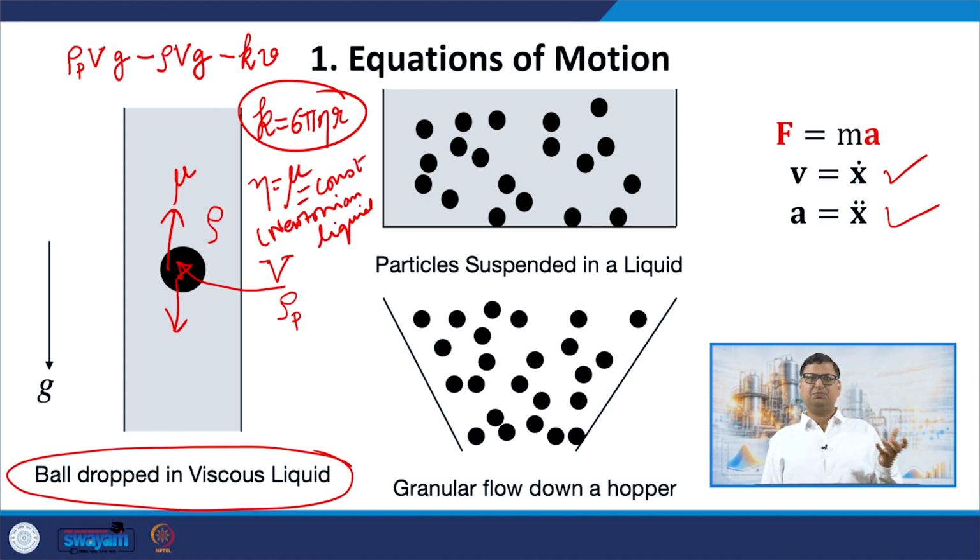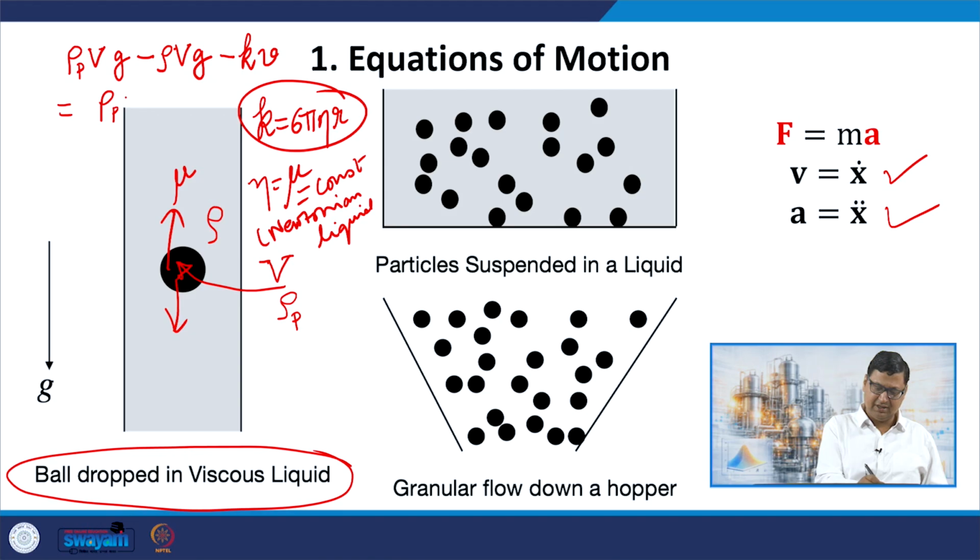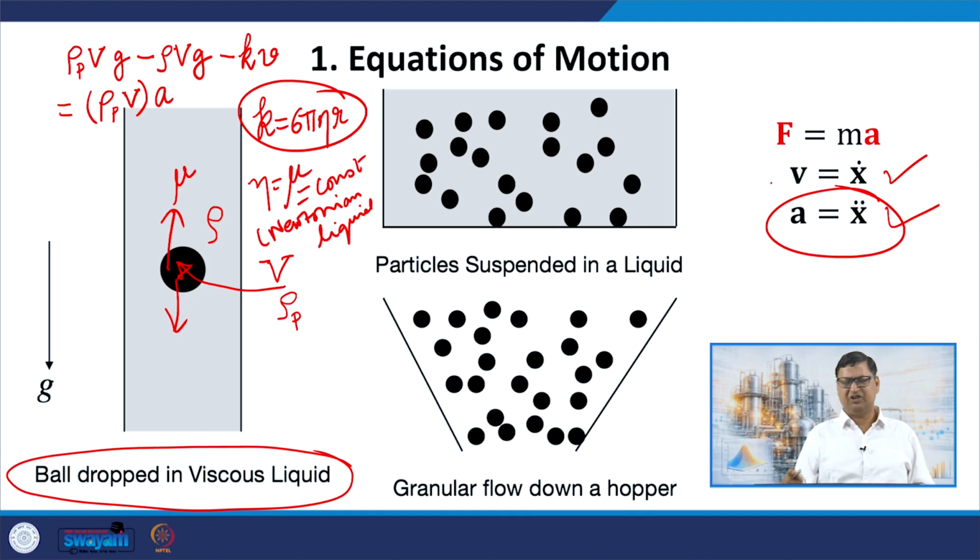So, this is the force balance on this object, and this net force acting on the object will naturally give rise to the acceleration of the object in the downward direction, and that is equal to the mass of the ball, rho p v, multiplied by the acceleration. Acceleration is, as I said, the first derivative of the velocity or the second derivative of the position.